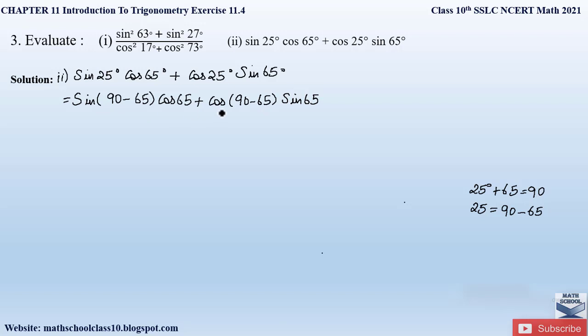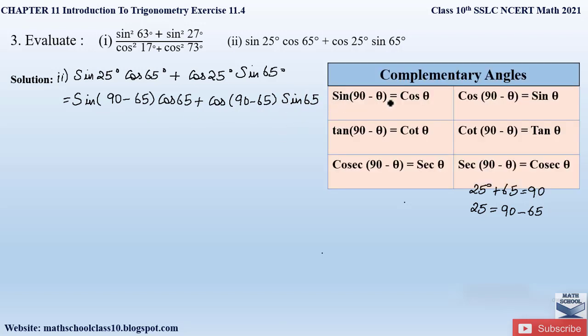So here now we can apply the complementary angles, where sine 90 minus theta is cos theta and cos 90 minus theta will be sine theta. So you can write down here, we know that sine 90 minus theta is cos theta. So here our theta value is equal to 65 degree. Similarly, what is cos 90 minus theta?